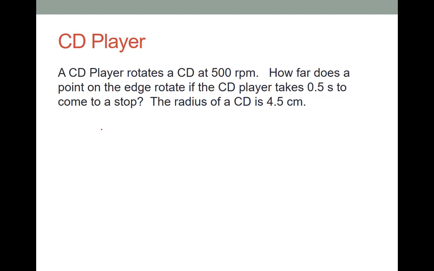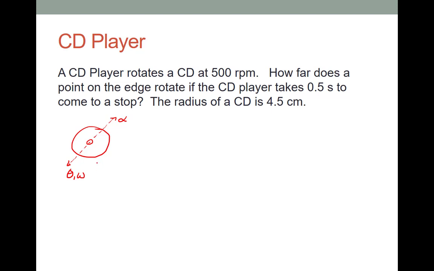So again, here's my CD. I'll even put the hole in the center. Angular position and angular velocity are going to be in one direction, but because it's slowing down, angular acceleration will be in the other direction.